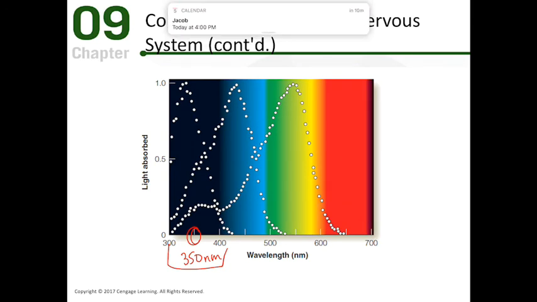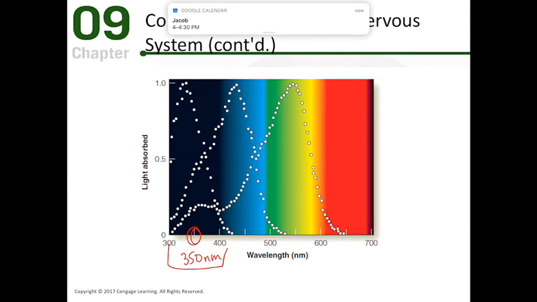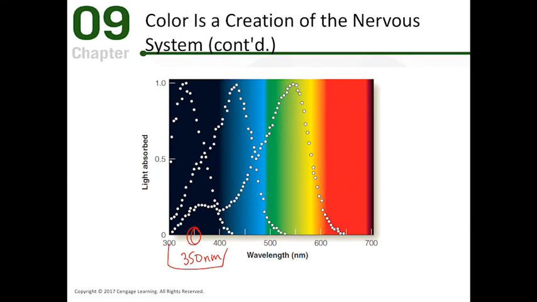We cannot see this short wavelength. We can't see 350 nanometers. So how is it that the honeybee is seeing this? What are they perceiving? There's no way for us to know, because of course wavelengths at 350 nanometers don't have a particular color. How is it that the honeybee is able to actually perceive something that is out of our scope?